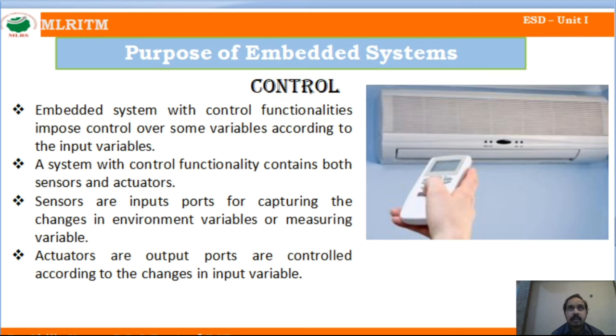In an embedded system, different sensors and actuators are there. So what is a sensor and what is an actuator? What is the difference between these two? A sensor is something that takes some values, or we can say it is an input device. It will sense some values, for example a temperature sensor, pressure sensor, gas sensor, or carbon monoxide sensor.